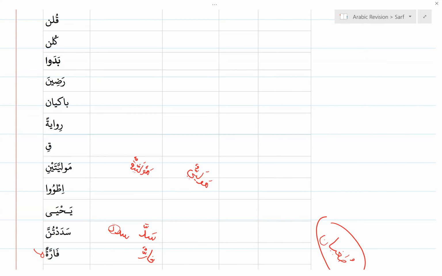Oh, I'm also confused a little bit here. Oh, this is a tough one, isn't it? Mawliya. I think it's Mawliya. Ah, okay. Yes. Whoa, there's a lot happening here.